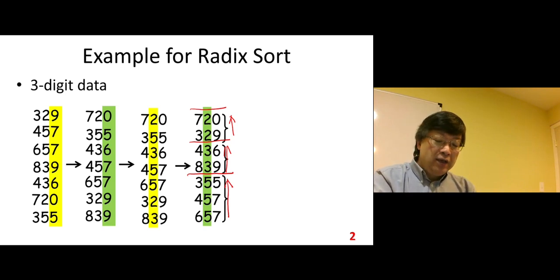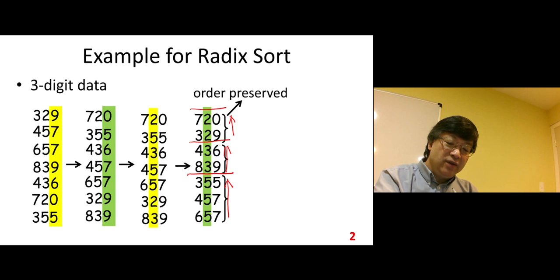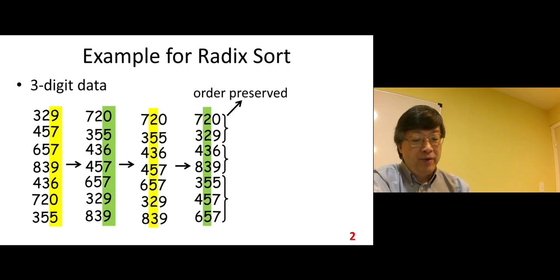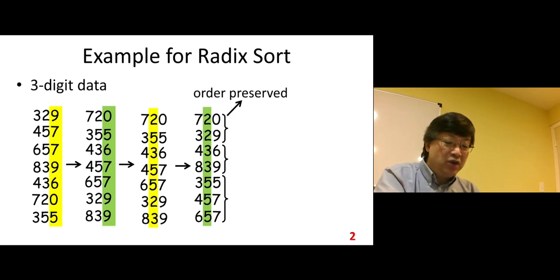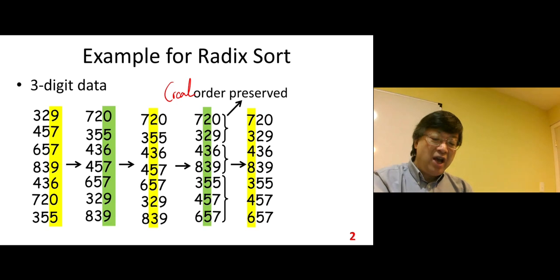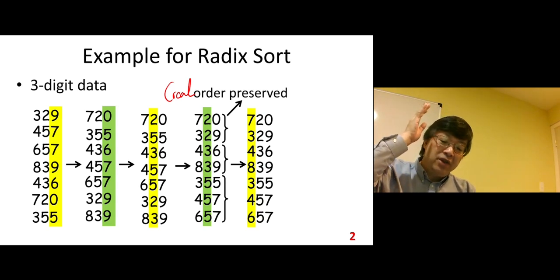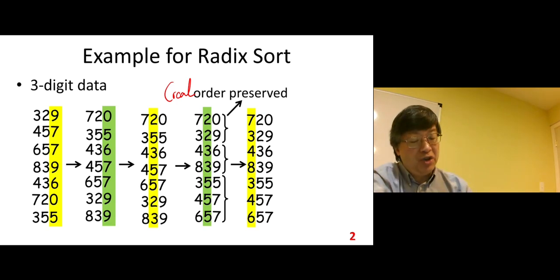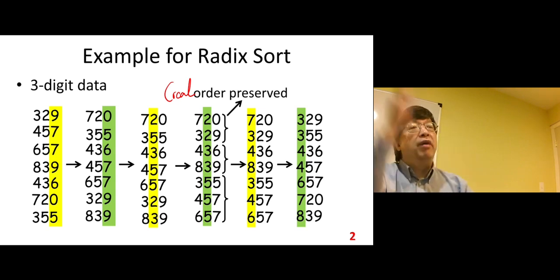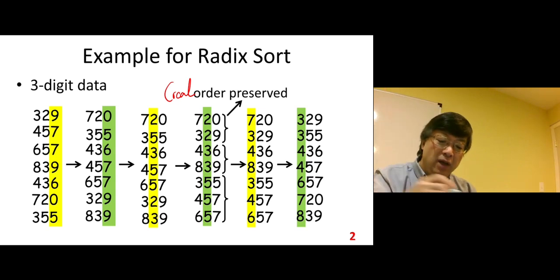All right. So then we are comfortable about our method. Order preserved. Actually, local order, more precisely, local order preserved. The last time, we apply the counting sort on the most significant digit and then get it sorted, then the whole array is sorted.